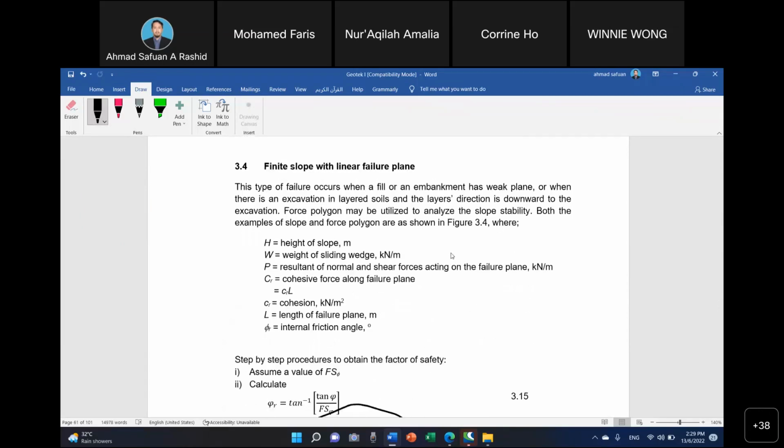They call it a failure plane, which is in the direction downward to the excavation.